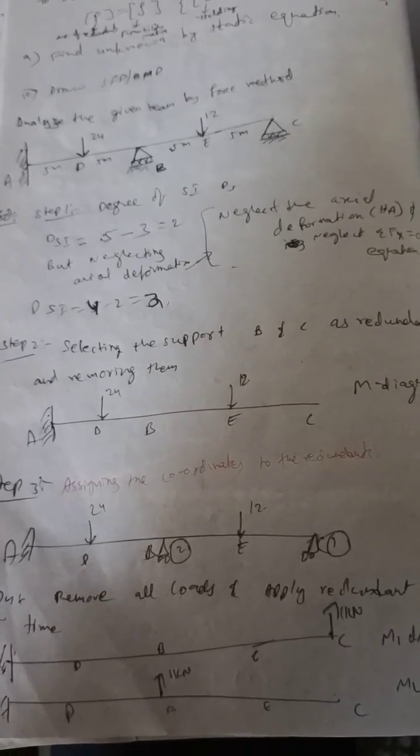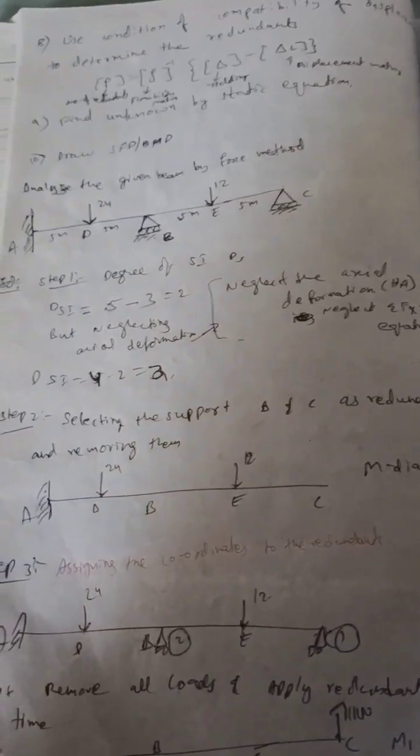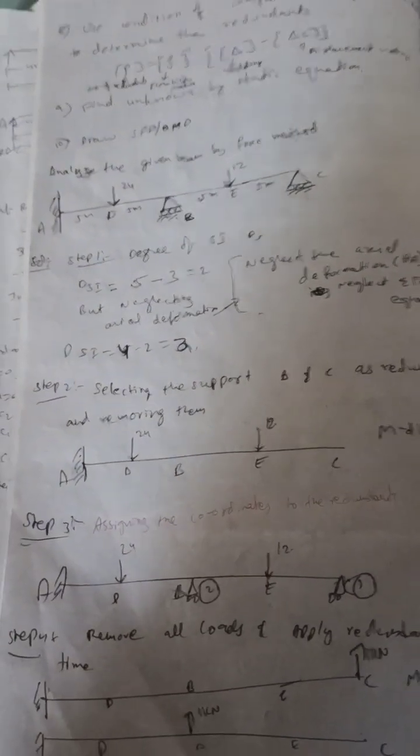First step is to calculate the degree of static indeterminacy. Generally the formula is total number of reactions minus total number of equilibrium equations. Total number of reactions are 3 at A, 1 at B, and 1 at C. So 5 minus 3 equilibrium equations equals 2. But here, as there are no horizontal forces, we will neglect the horizontal reaction HA from the total number of reactions.